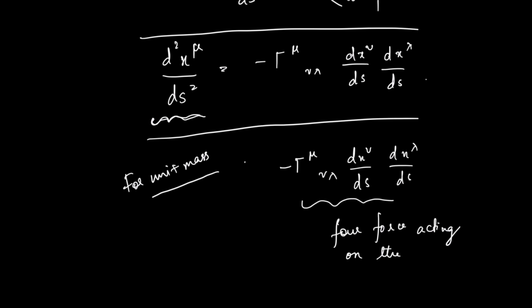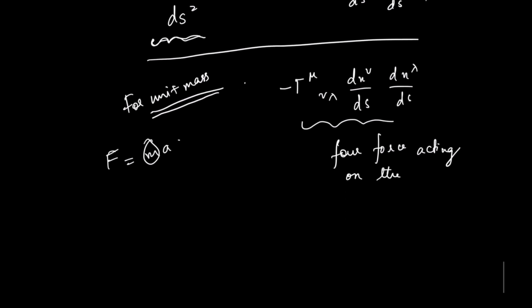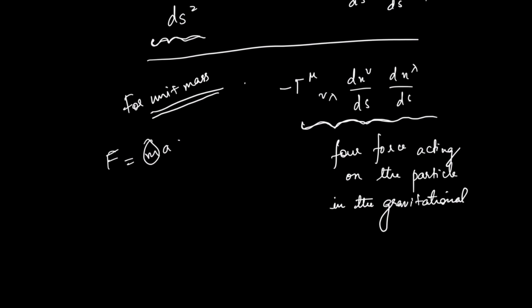You have acceleration here, and for unit mass, you know that F is equal to ma. So if it is unit mass, then acceleration is equal to the force itself. Therefore, for a test particle with unit mass, this quantity is the force acting on the particle, and it is coming from the gravitational field.